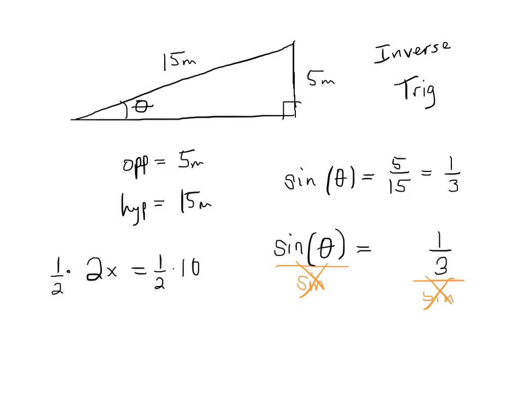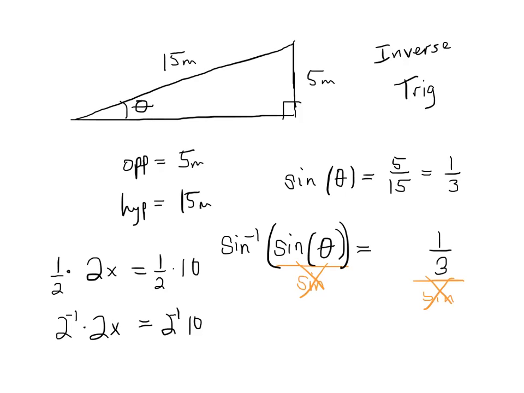You do that too, same thing. 1/2 you can write as 2 to the minus 1. Agreed? Okay, so that is why when we use the inverse functions, we write them like that.